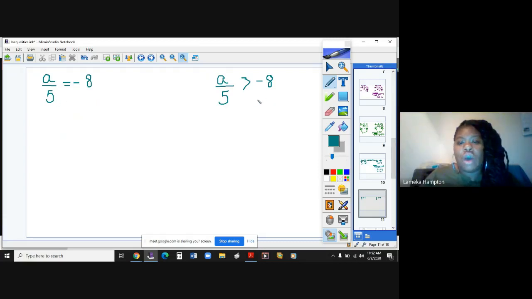This is my inequality. These types of problems are division problems. They are division problems because they have a fraction. Remember, fractions are nothing more than division problems. Therefore, these are division problems.